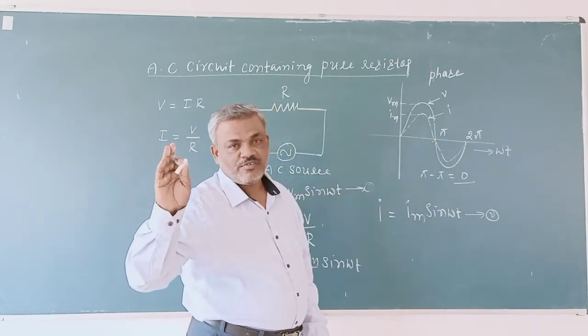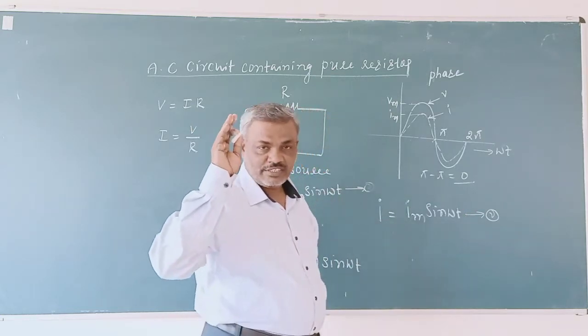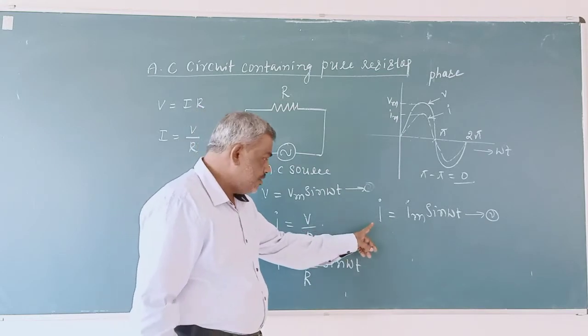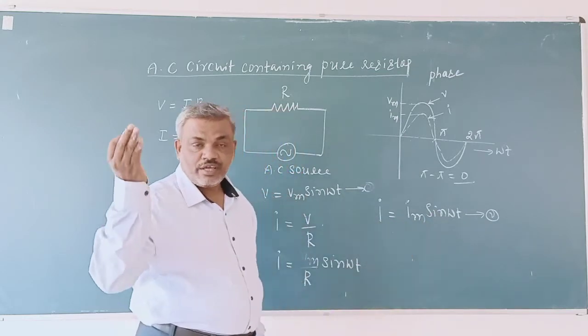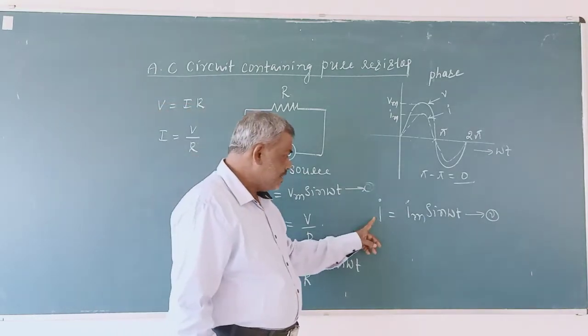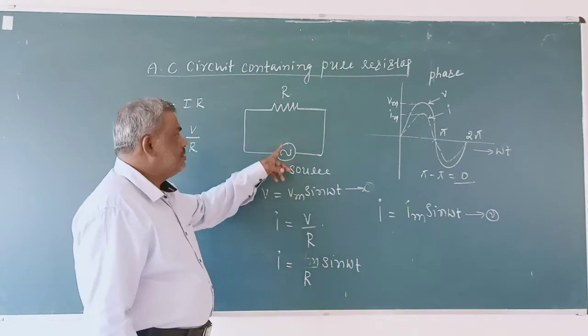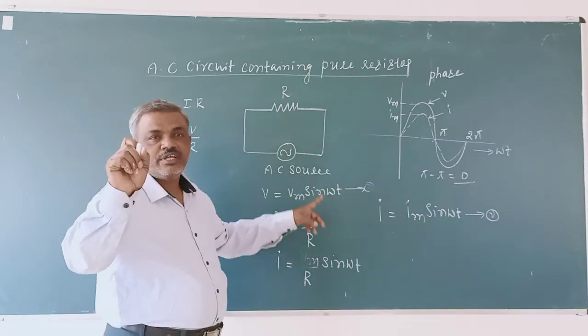Therefore the phase difference between voltage and current in a pure resistor is 0. So this is the expression: the current in an AC circuit containing a pure resistor is I equals Im sin omega t when alternating voltage is applied to a pure resistor.